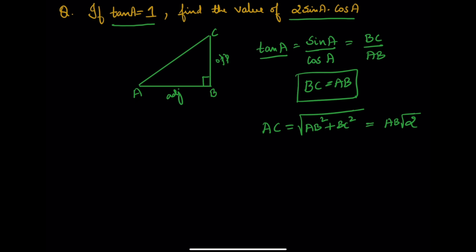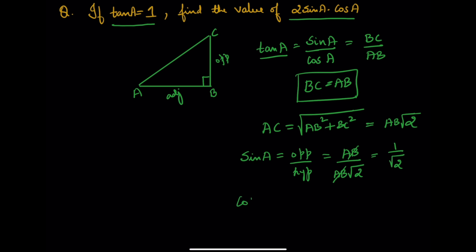So that is the value of AC. Now, what is the value of sin A? Sin A is nothing but opposite by hypotenuse. Okay, so what is opposite? Opposite is BC, which is nothing but AB again. AB by square root of 2, AB cancels, so sin A is 1 by square root of 2.